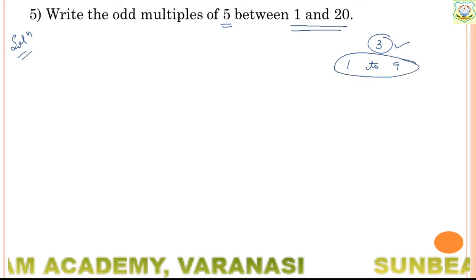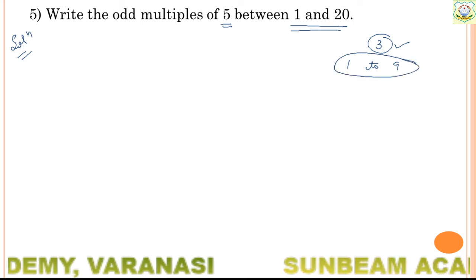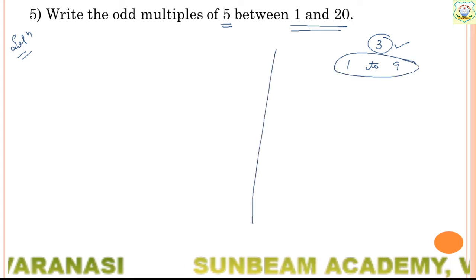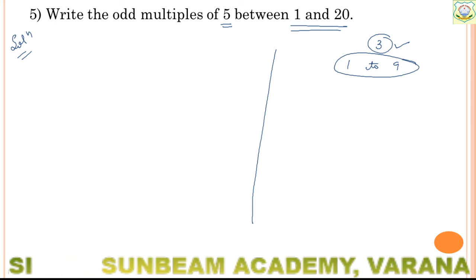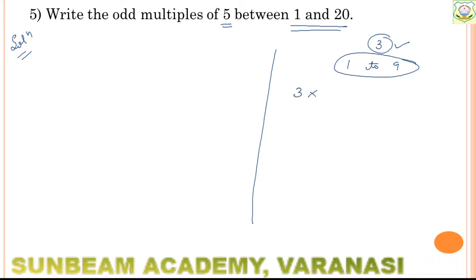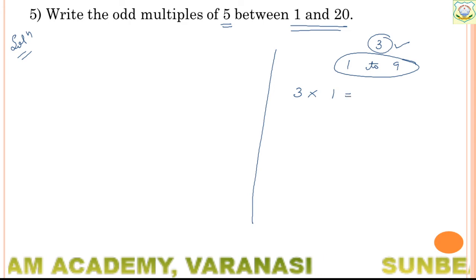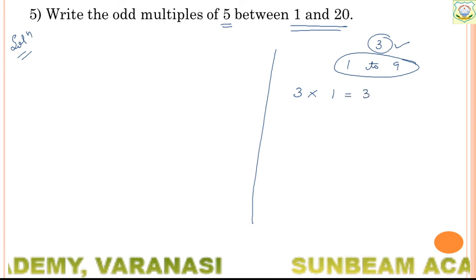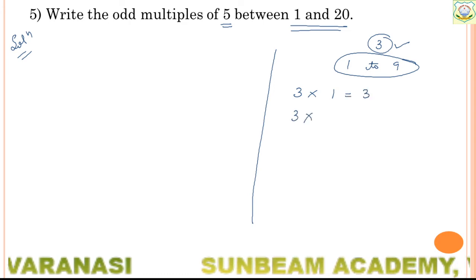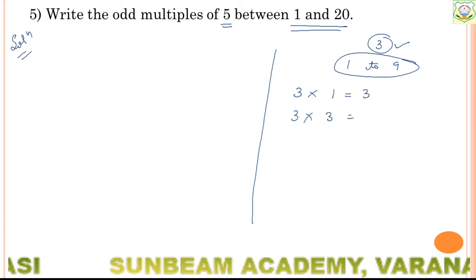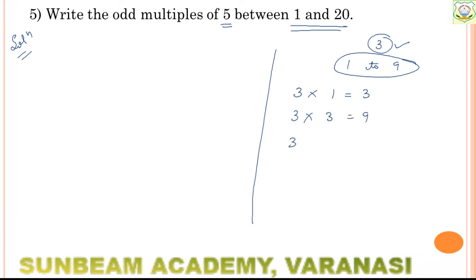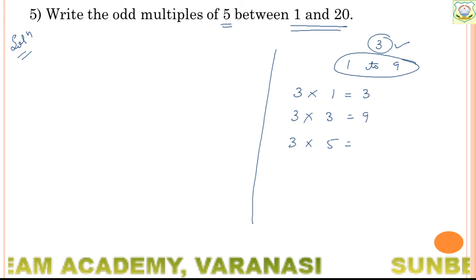If the question is saying this, what do we have to do? This is just a rough part, Victor. Don't note it down. So first we will do 3 multiplied by 1 is 3. Then 3 multiplied by 3 is 9. And 3 multiplied by 5 is 15.